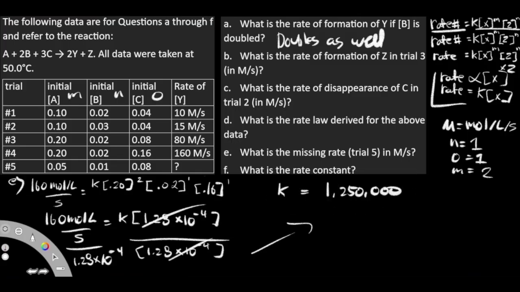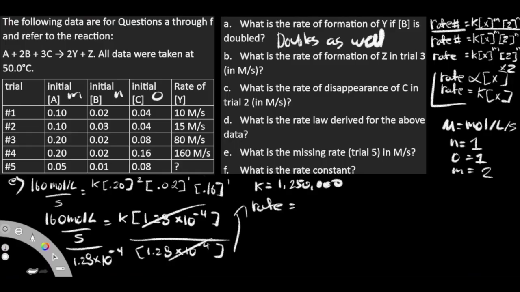So now we have our K, so this missing piece of the puzzle has been solved. Now the rate is equal to, following this formula, K, which is 1,250,000, multiplied by our X. What is our X? It's right over here, 0.05, to the power of our m, which is 2.